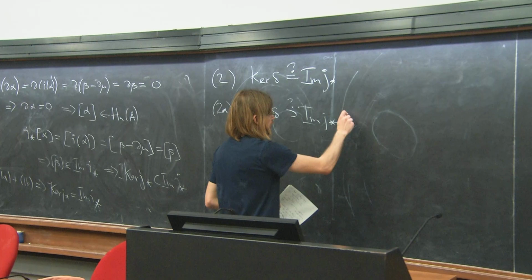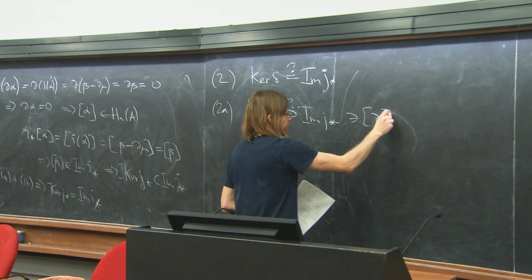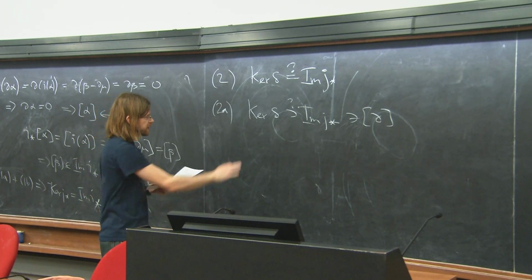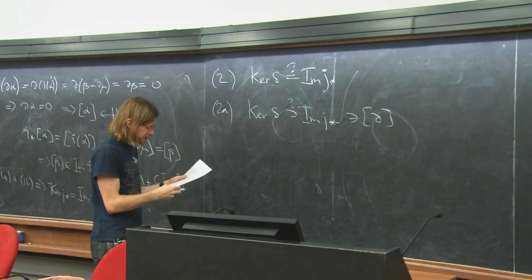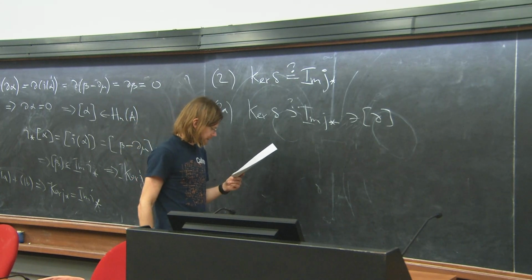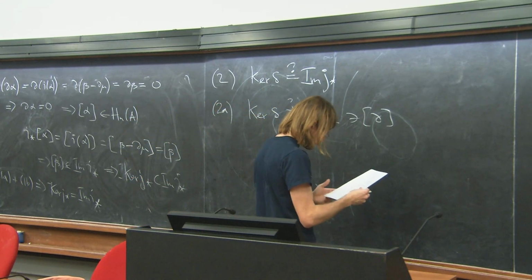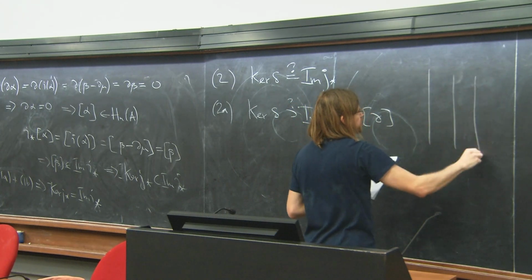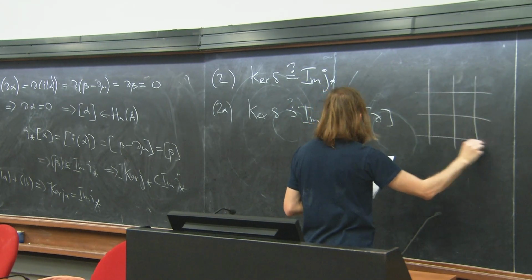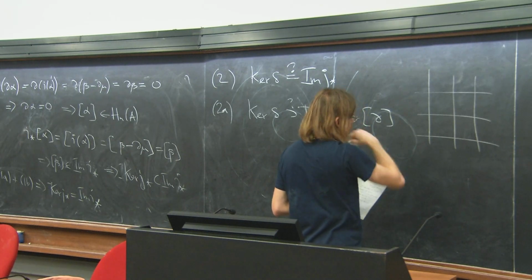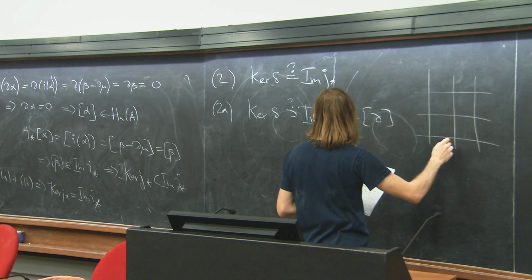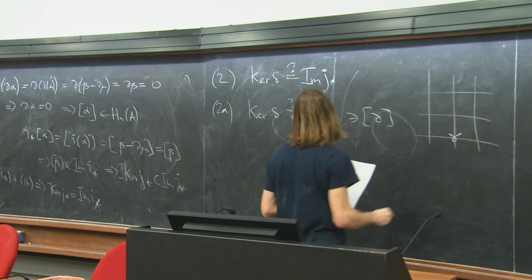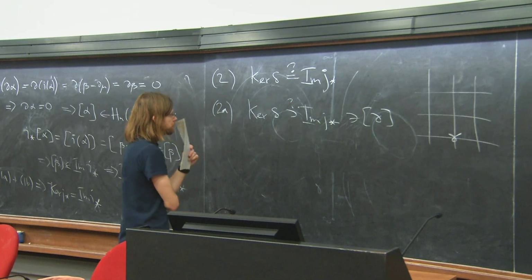Okay, to do this, again, take some arbitrary class represented by gamma in the image and show that it's in the kernel. So we need to show that it will be killed by delta. Again, let me draw the diagram here, and gamma lives here.